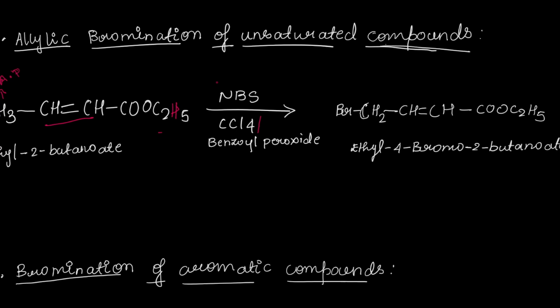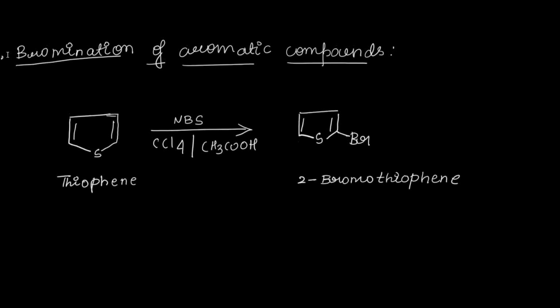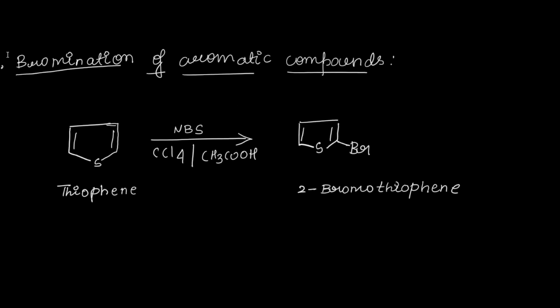Next, in a similar way, we can see the bromination of aromatic compounds. Here I have taken the example of thiophene, which is a five-membered heterocyclic ring.